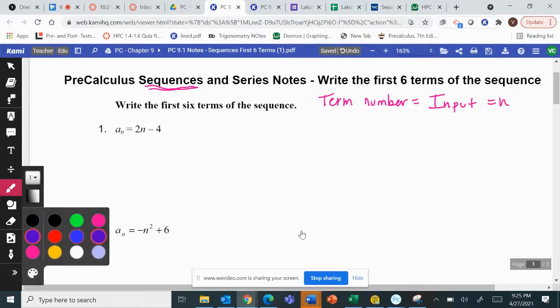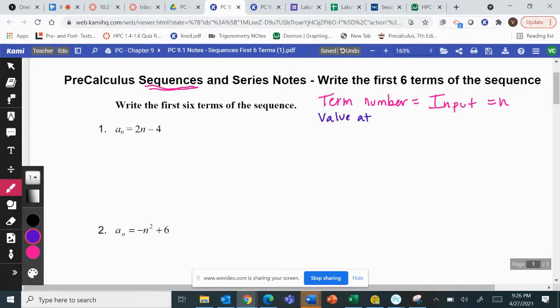And then we will have the value at that term number. The value at that term number is the output, which is represented by a sub n.